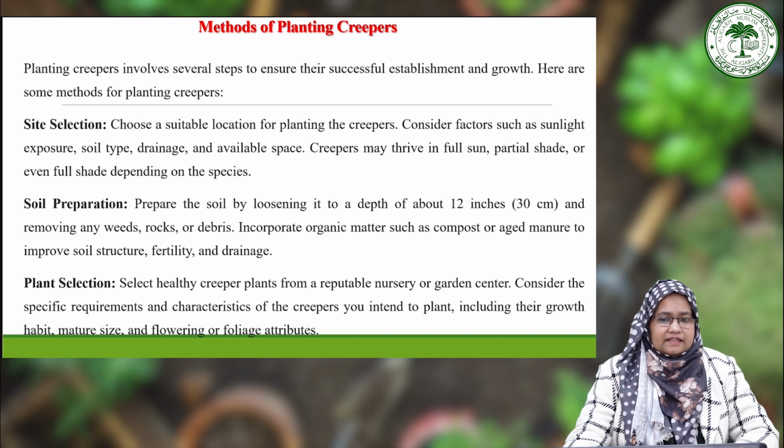Then we have to select the creepers which we want to introduce in the garden. So we have to select healthy creeper plants from a reputable nursery or garden center. Consider the specific requirements and characteristics of the creepers you plan to plant, including their growth habit, mature size, and flowering or foliage attributes.